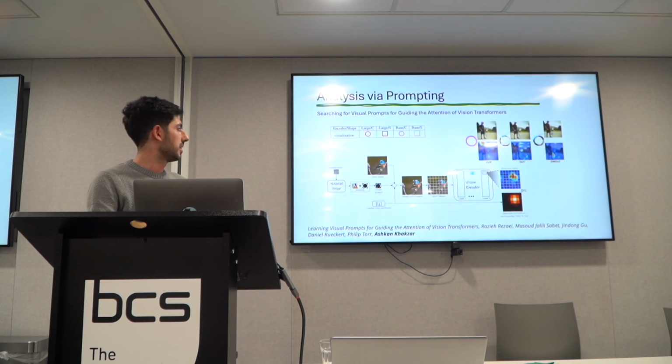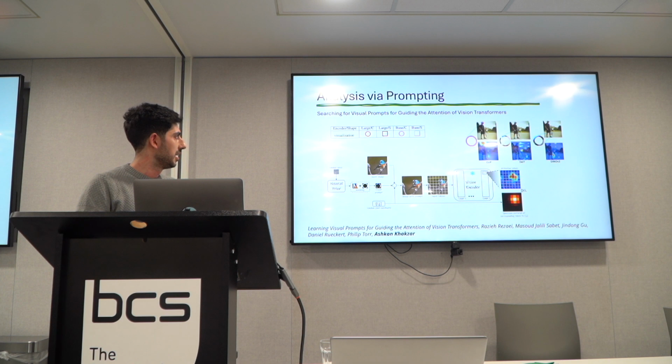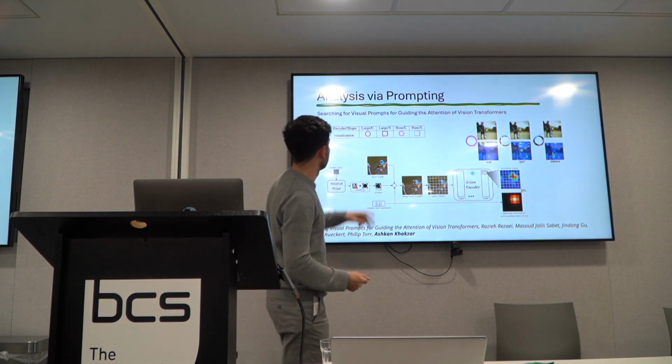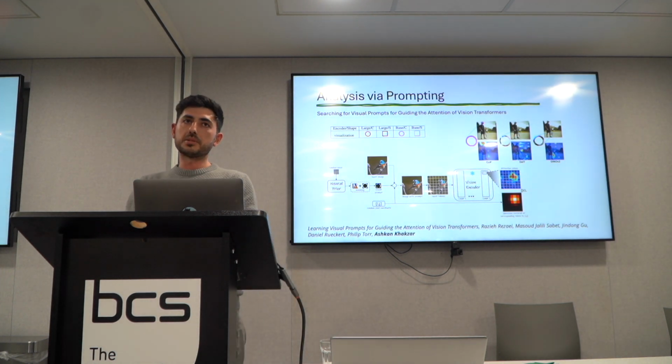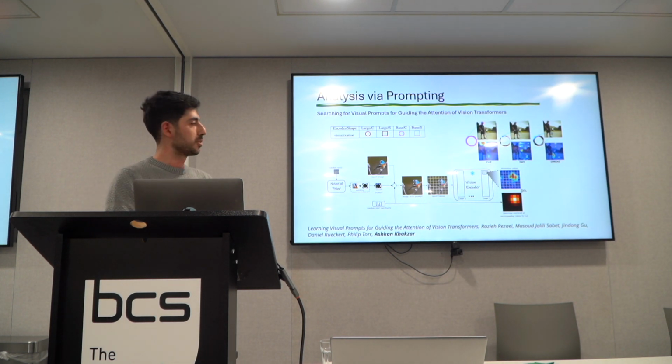So we tried to test this hypothesis also by optimizing for the prompt that actually guides the attention. And we see that one of the optimal points for a CLIP model with a ViT-Large would be, via optimization, the red circle as something optimal that guides the attention. But of course you can also find other colors that would get even better results.